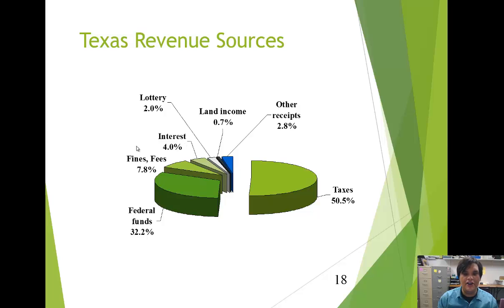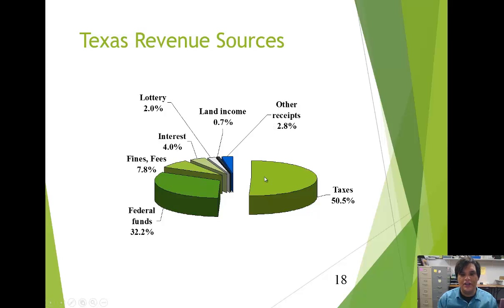The lottery is also a non-tax source of revenue. Anytime you go buy a lottery ticket, that usually goes directly to the state of Texas. Land income: Texas actually owns a lot of land, and when it sells off that land, it gets profit from that. And so that's also a non-tax source of revenue. And then other receipts, miscellaneous, I'm not sure what's all involved in there, but you can maybe think of a few of your own.